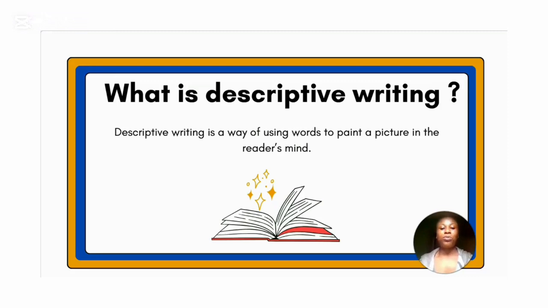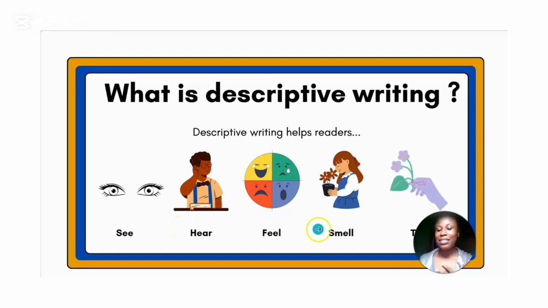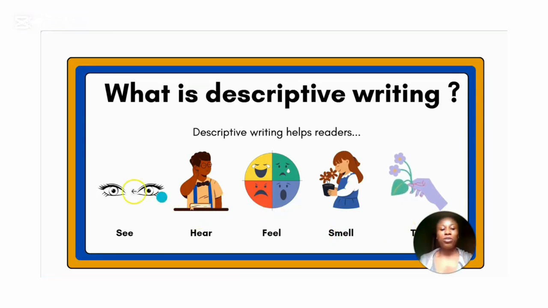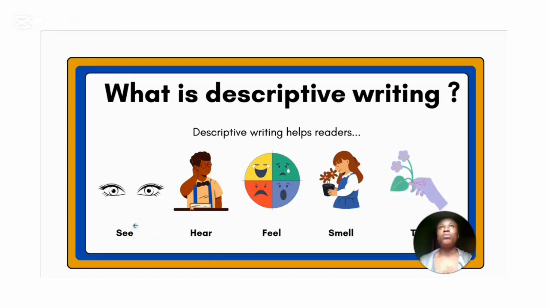All right, so what is descriptive writing? See, hear, feel, smell, touch. Okay, so descriptive writing helps readers see. When you're writing, you need to make sure that your readers can try to picture what you're talking about. You have to paint the picture so they can imagine it.